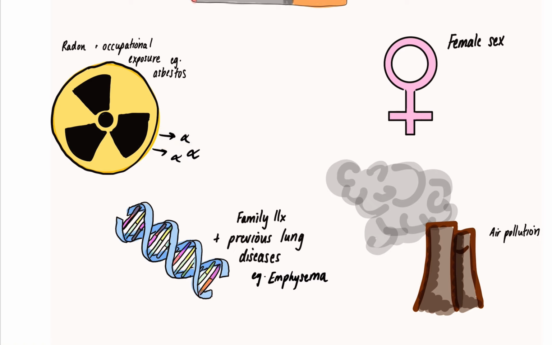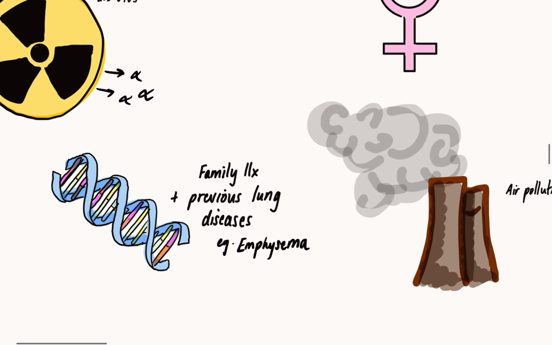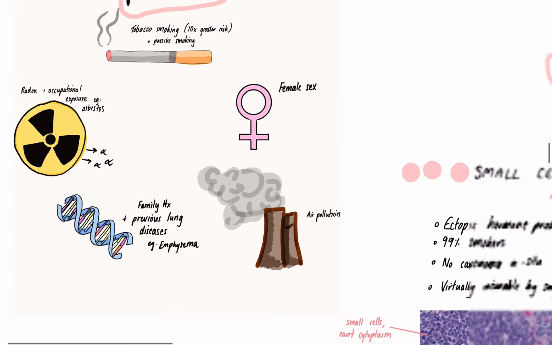And obviously, occupational exposure, for example, asbestos. So, yeah. If you have a family history of lung diseases, a family history of lung cancer, and also if you yourself have any previous lung diseases, for example, COPD, refer back to my last video, emphysema being an example.